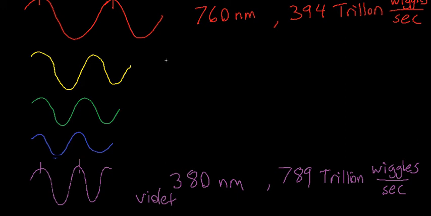So this is yellow light at a wavelength of 620 nanometers. Green light has a wavelength of 550 nanometers. Did I just say blue light? I meant green light.